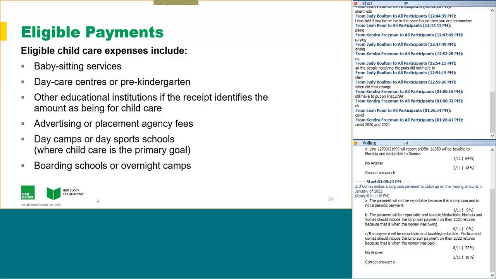And then boarding schools and overnight camps do count even though they have a lodging portion or a hotel portion or food, that kind of thing. It will count because it's limited to what you can claim. So you'll take the whole receipt, and on the T778, you're going to limit yourself to an amount per week for each eligible child. So every child who's disabled, $275.